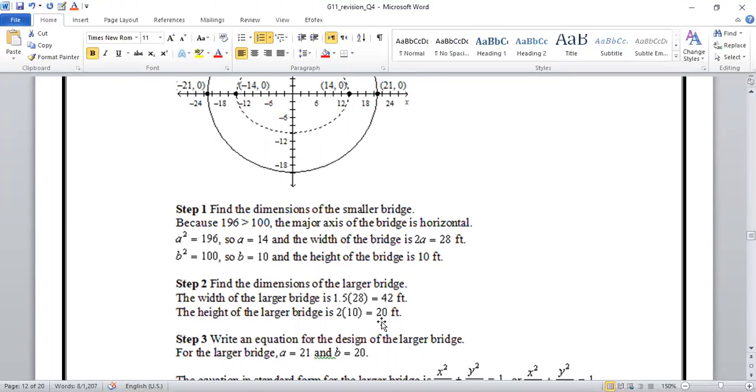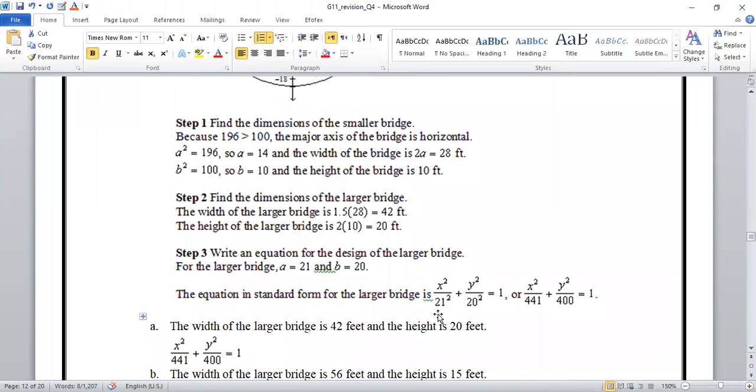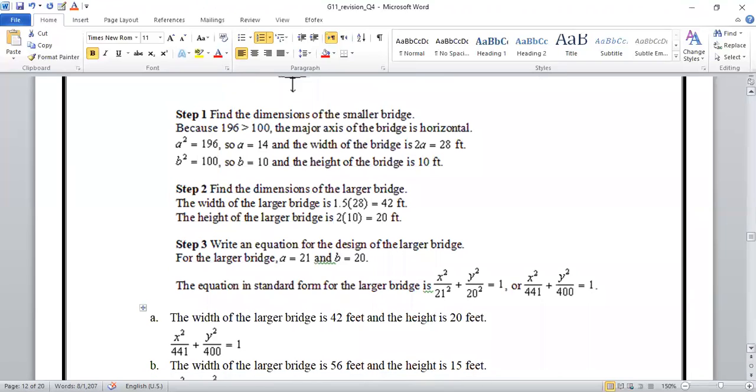We write the equation of the design of the larger bridge this way: x squared over 21 square plus y squared over 20 square equal 1, or x squared over 441 plus y squared over 400 equal 1.